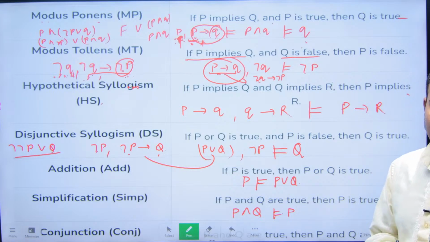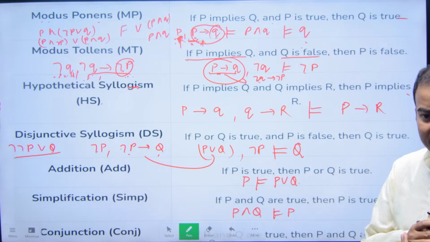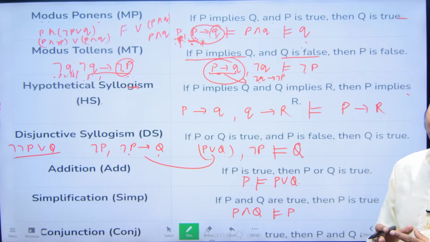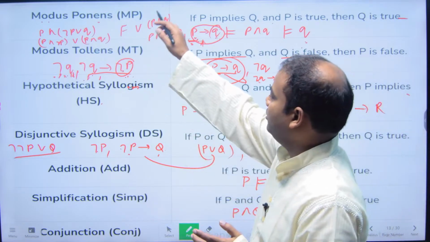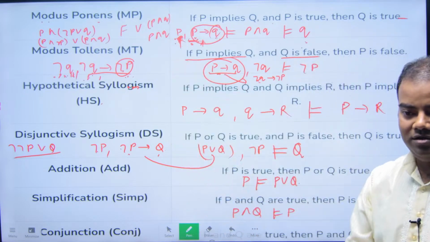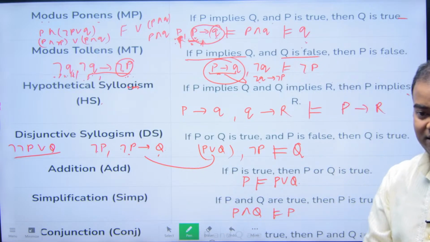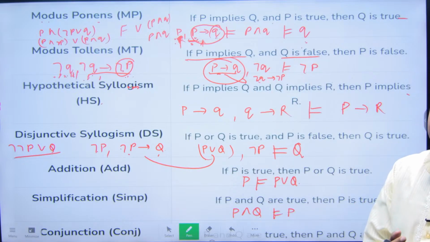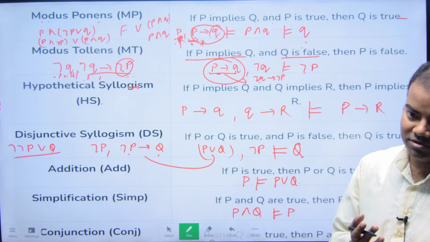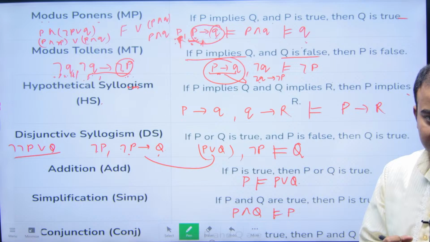Any doubt? Similarly, you can make any inference. Actually, there is no limitation of making inference. There are many logical inferences, but most important is this modus ponens, because this is basic logic. Based on that, you can find many logics. Okay. Clear?